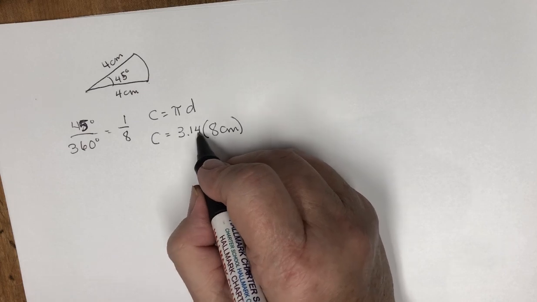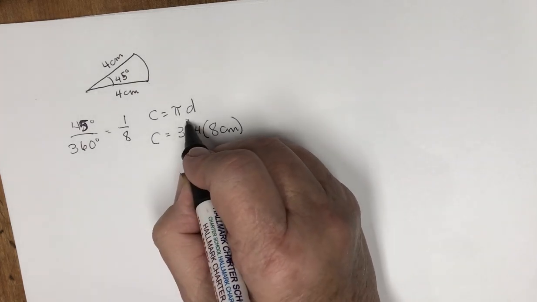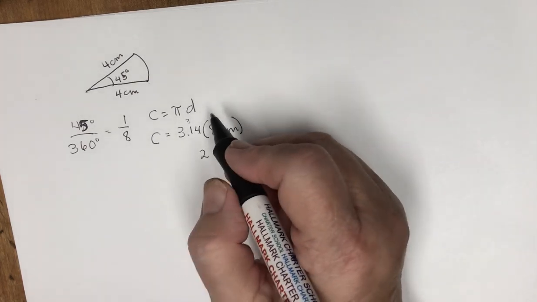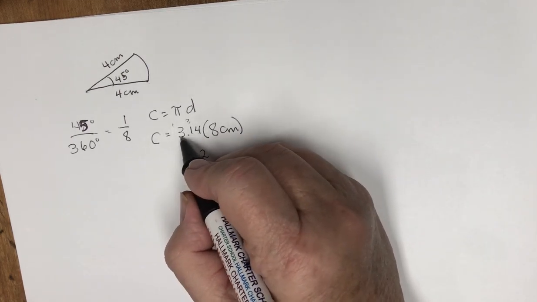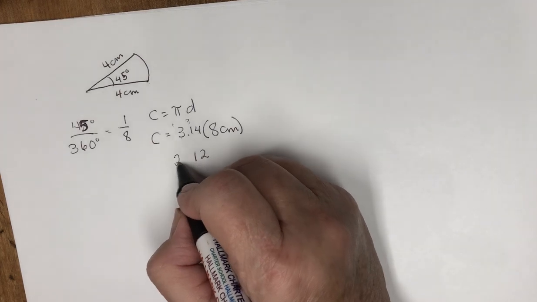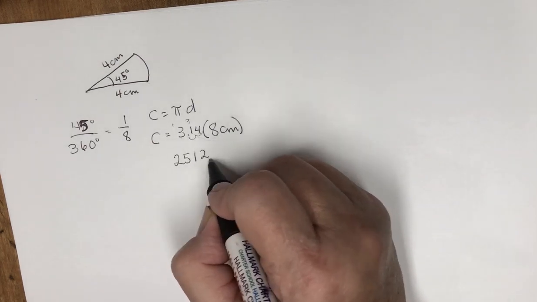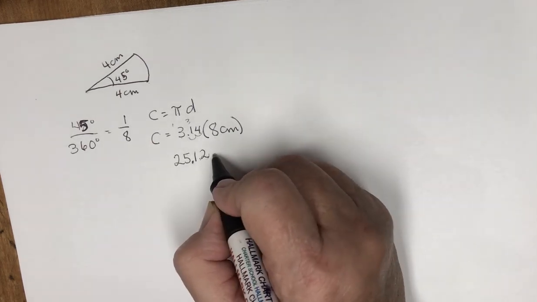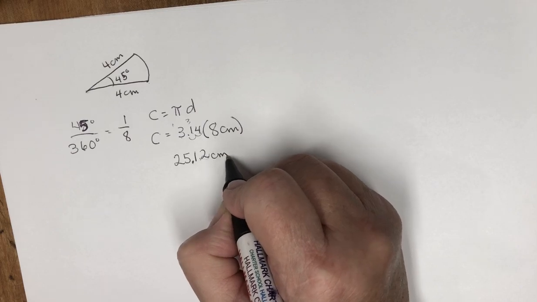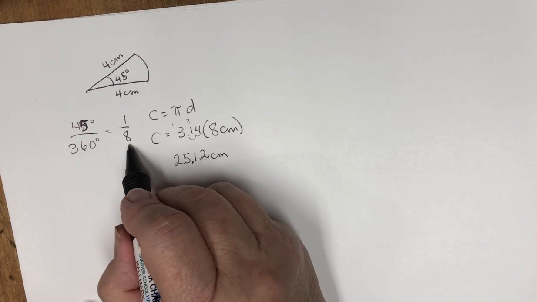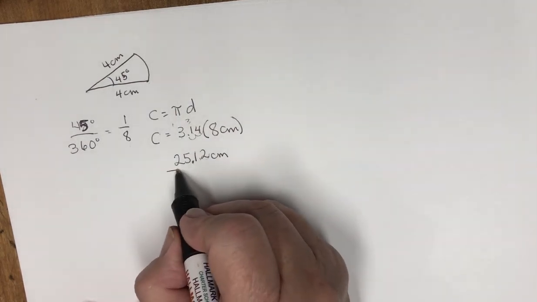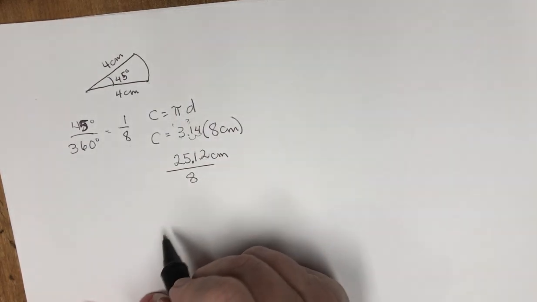Now we have 8 times 4 is 32. 8 times 1 is 8, 9, 10, 11, carry my 1. 8 times 3 is 24, plus 1 is 25. Move my decimal point over 2 places. Centimeters. So now I have 25.12 centimeters, but we only have 1/8 of the circle. So we're going to divide this by 8.